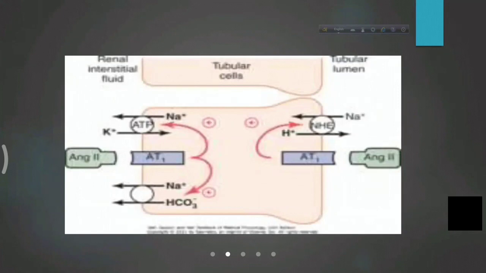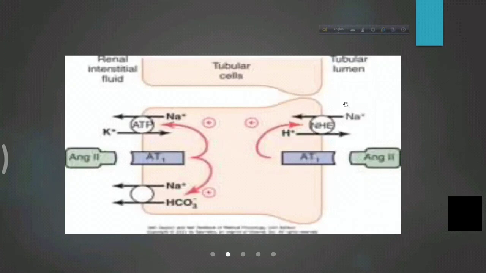This picture is from Guyton, not a very clear one. On the right hand side is the tubular lumen, on the left hand side is the interstitium within the kidneys. You can see in the luminal membrane of the cell, there is a sodium hydrogen exchanger.